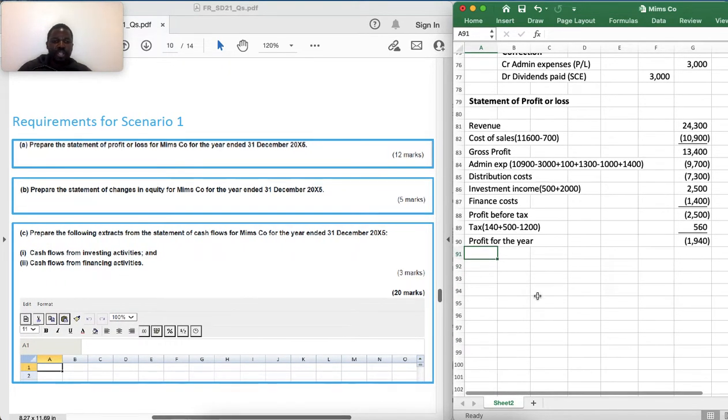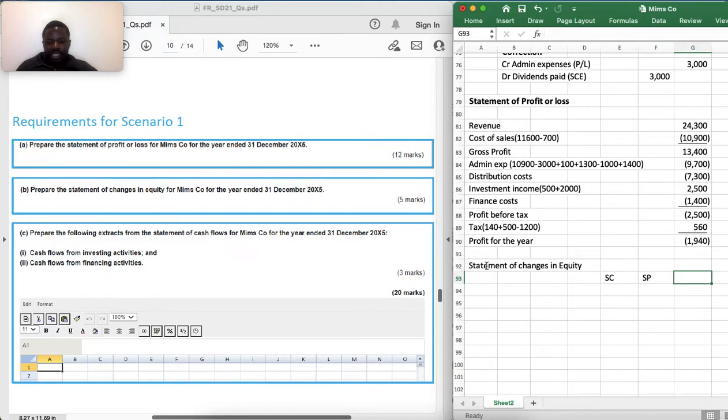Now we want to do the statement of changes in equity. Our statement of changes in equity, I'll abbreviate it as share capital, share premium, retained earnings. Then balance as at 1 January 20x5.